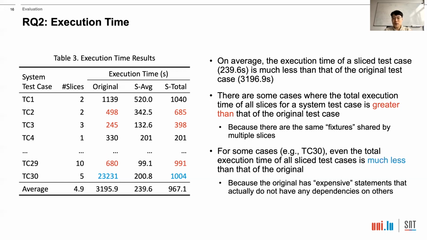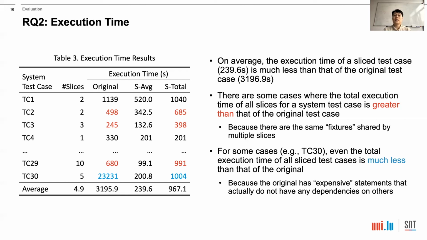So yeah, reasonable. However, there are some very interesting cases where the total execution time of all slice test cases is much less than that of the original test case, like TC30. This is mainly because the original test case has expensive statements that do not have any dependency on the others. So those statements are kind of useless statements and can be removed from the original test cases.